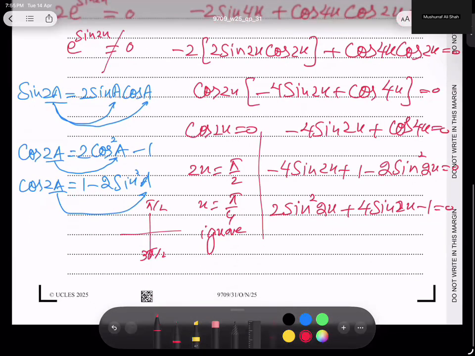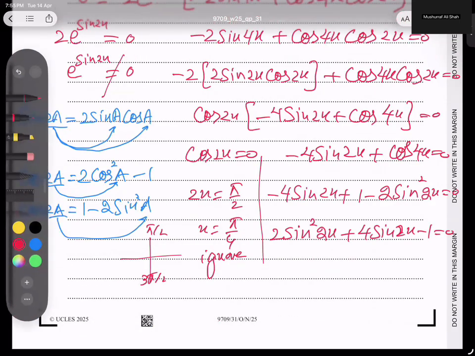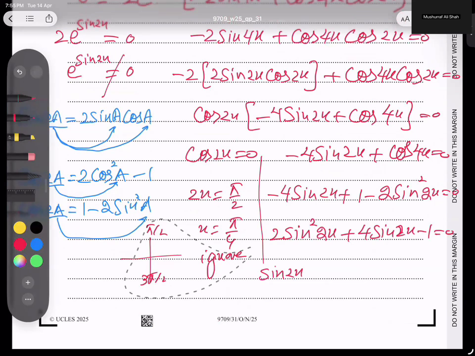Now I'm going to simplify, and 2 ones are 2. I think factorization is not possible. I have to apply the quadratic formula, and I'm writing here sine double x. So let me erase it because I don't want to go on the next page. I want to simplify here.